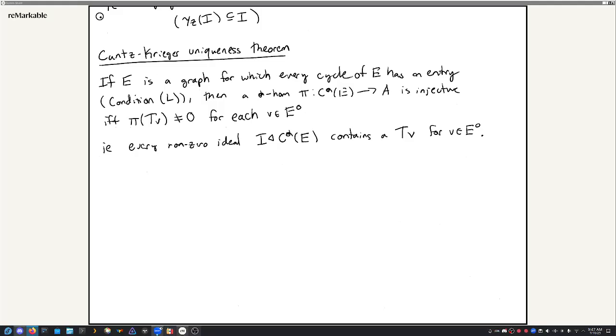And actually, notice, Kunz-Krieger uniqueness and the gauge invariant uniqueness theorem are really statements about the ideals. The gauge invariant uniqueness theorem is a statement about gauge invariant ideals, and Kunz-Krieger uniqueness is a statement about arbitrary ideals in a graph C-star algebra which satisfies condition L. You can say a lot more about the gauge invariant ideals. I guess before I get into that, I should give some examples.